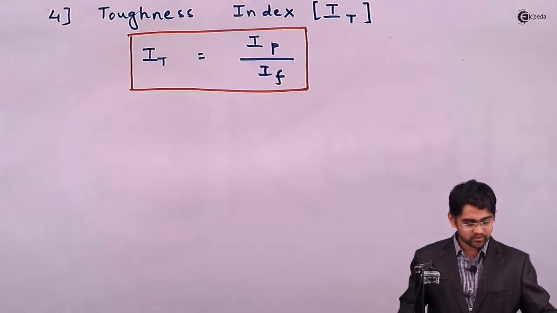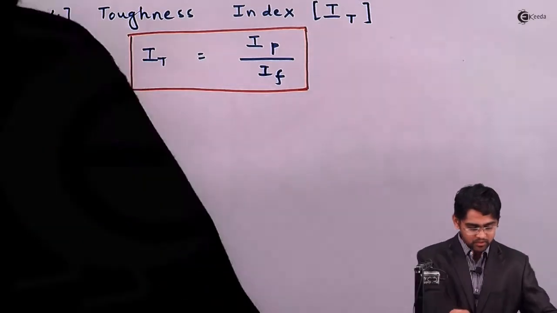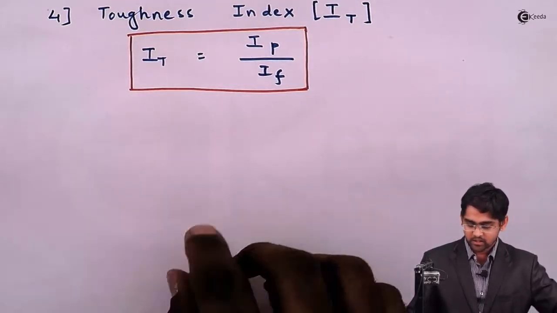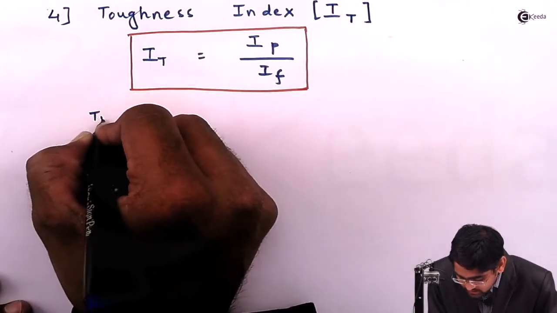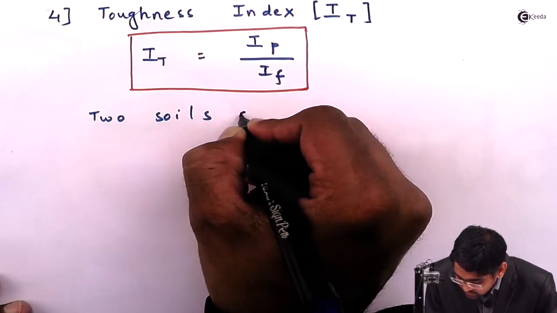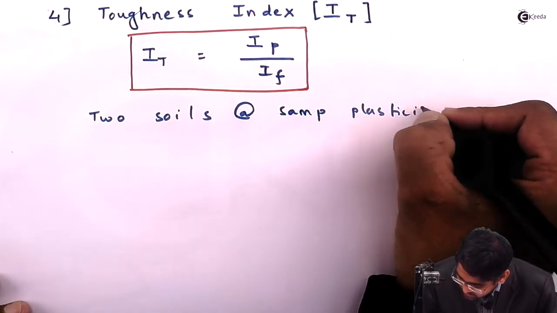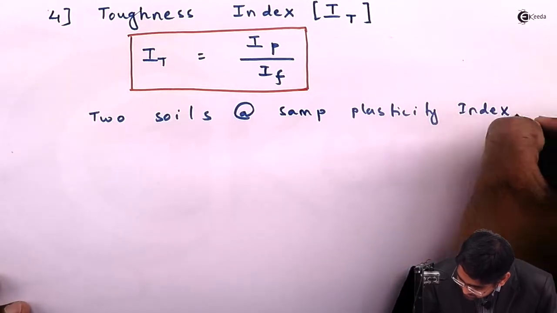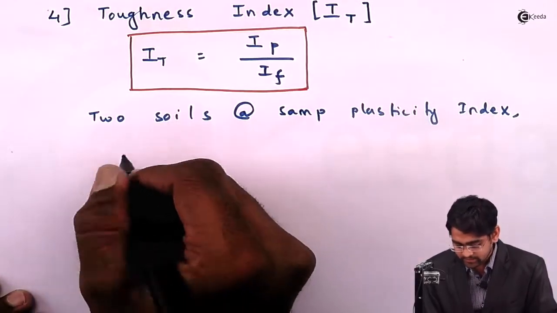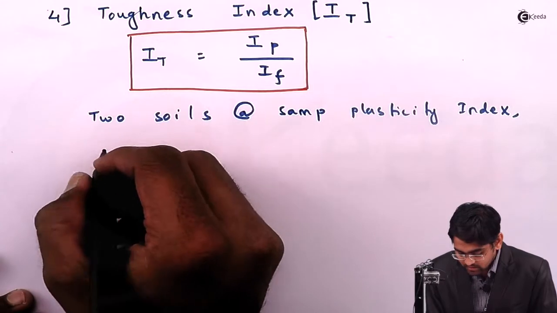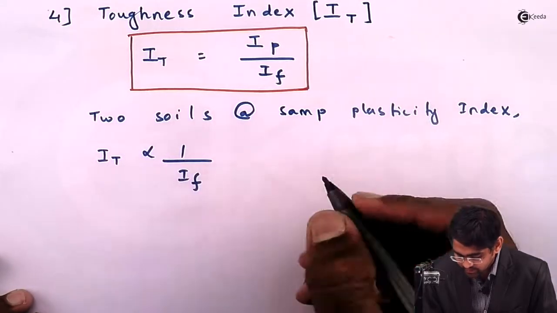So the toughness of a soil generally gives us the idea about the shear strength of the soil at plastic limit. So if you have the two soils which got the same plasticity index, then the toughness index, as I already said, is inversely related to the flow index.